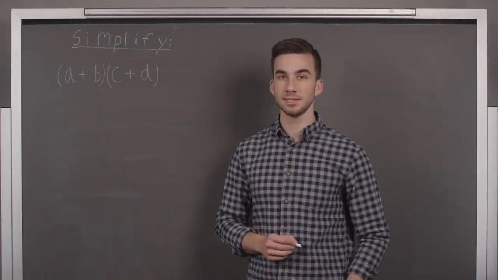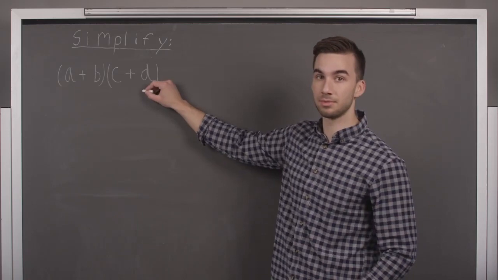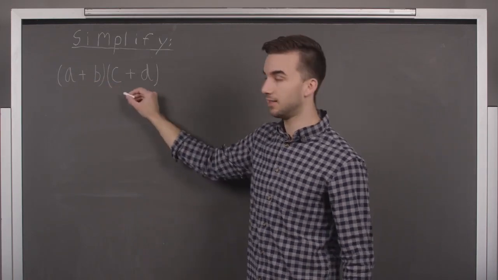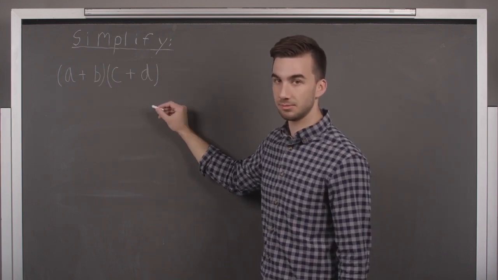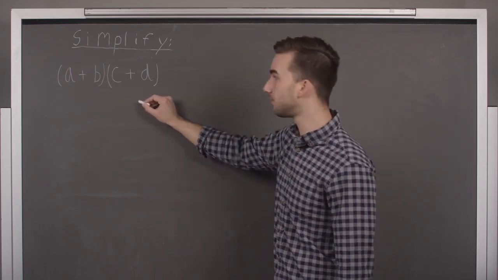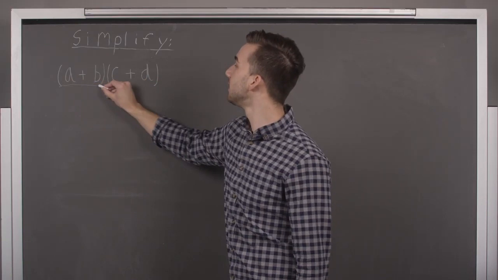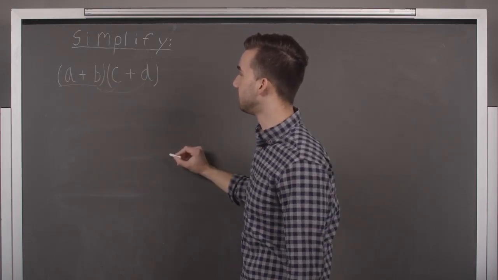So now how do we simplify expressions that look like this, with a parenthesis that we can no longer simplify times another parenthesis that we can no longer simplify? How would we simplify it? Well, similar to the last examples, we just take whatever's outside the parenthesis and multiply it by each element inside of the parenthesis.